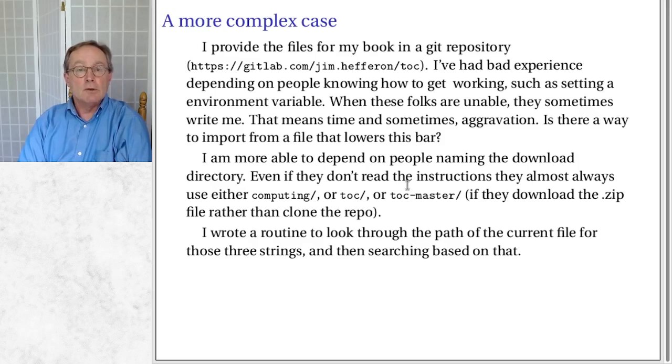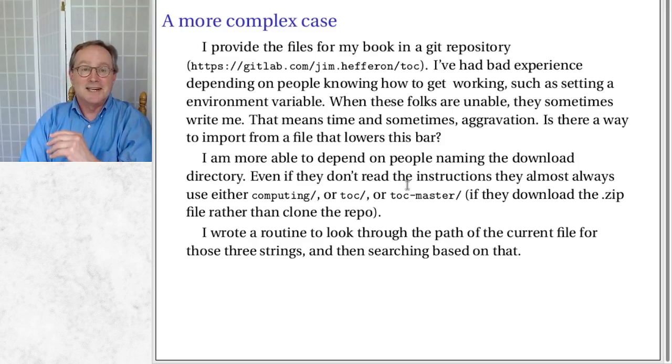And if they download the zip, then that's called TOC-master. So you often find that the top level directory is TOC master. And this covers like 99% of the cases, maybe 100% of cases, I don't know, but it covers almost all the cases. And so I can depend, I think, on people having a directory of one of those three names.